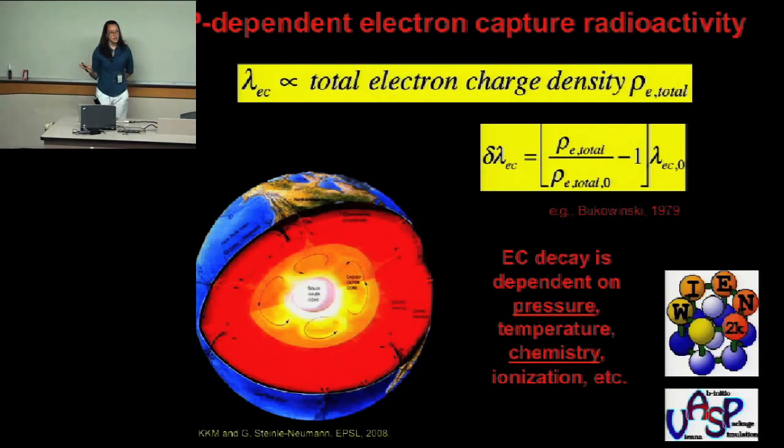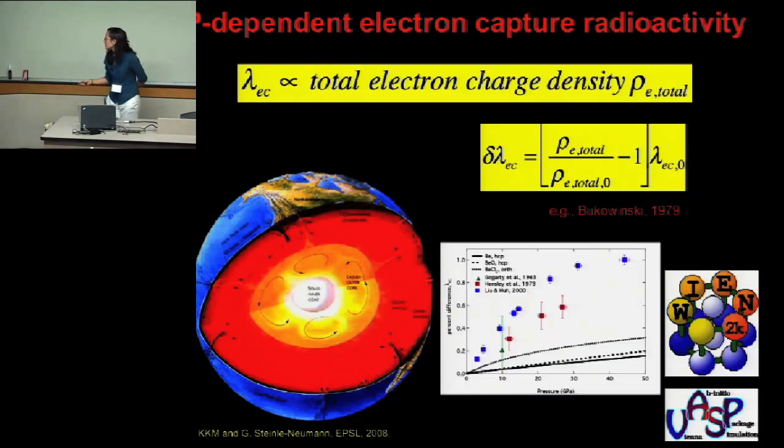Now, that's great, and actually, here we have in the colored dots 3 different experiments at pressure looking at the decay rate of beryllium, and as the pressure is increased along this horizontal axis, the difference in the decay constant also increases.